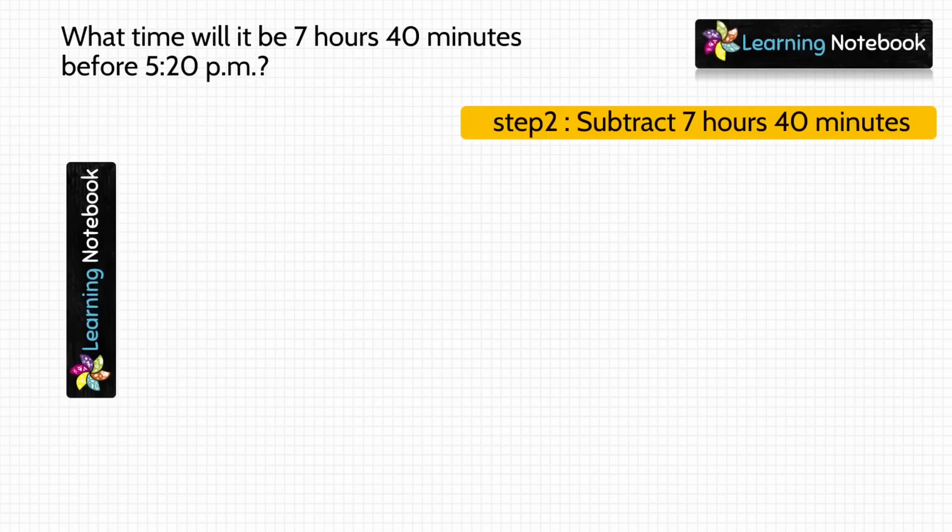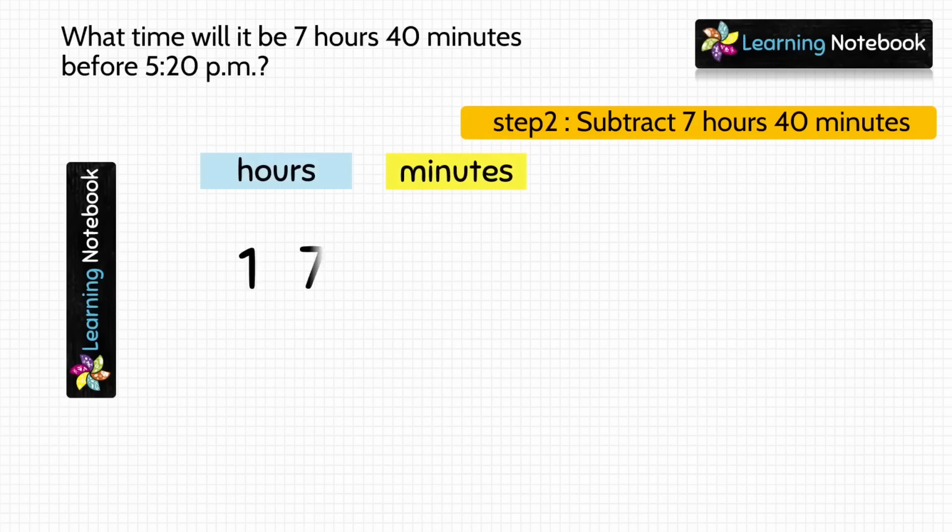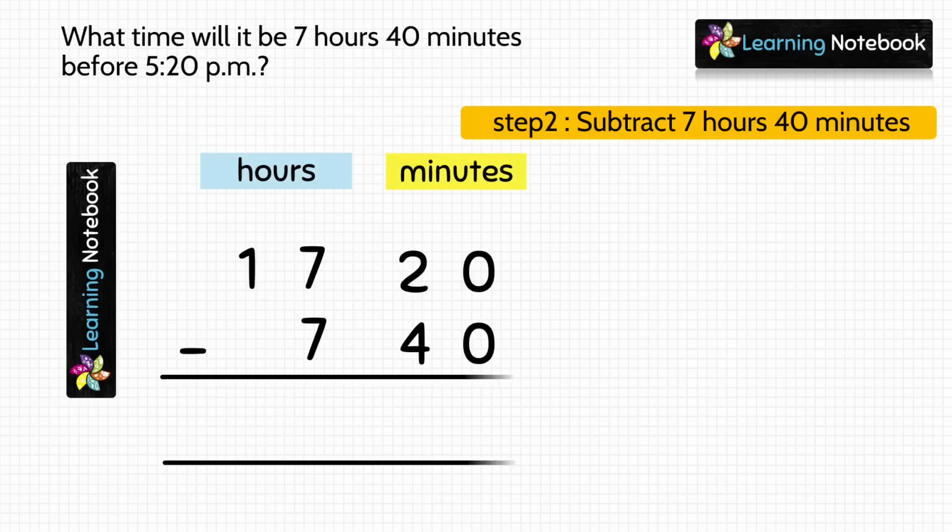To subtract, we will first write them in column form, so hours under hours column and minutes under minutes column. Now we will subtract the minutes column first. But students, again remember that while subtracting time, we have to consider both the digits. So here 20 is less than 40. So we cannot subtract them.